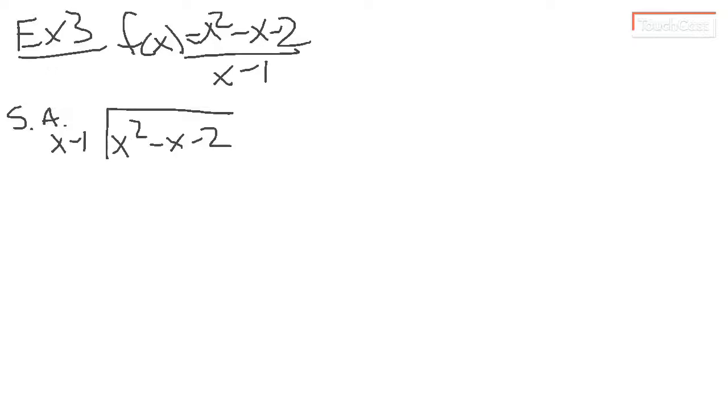So we're going to take x squared minus x minus 2, and we're going to divide that by x minus 1. Well, we ask how many times does x go into x squared? That's x times, so we have x squared minus x, and we're subtracting that entire thing, which means x squared minus x squared gone, negative x minus negative x also gone, so we're going to have 0, but we still have to bring down the minus 2. So then the question is, how many times does x go into 2? Well, it doesn't.